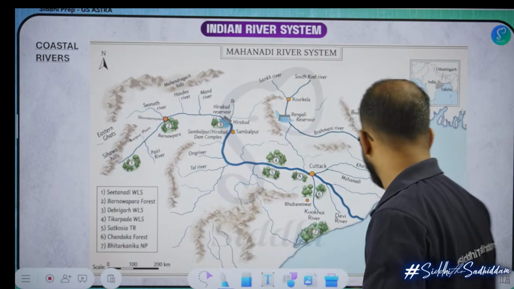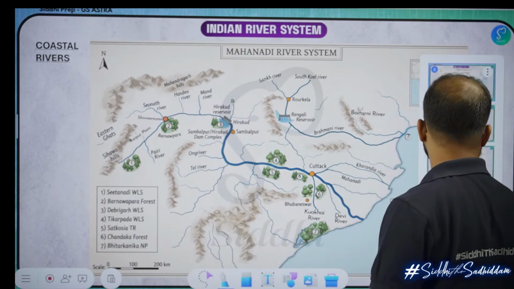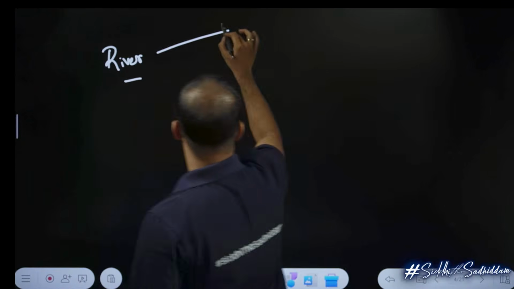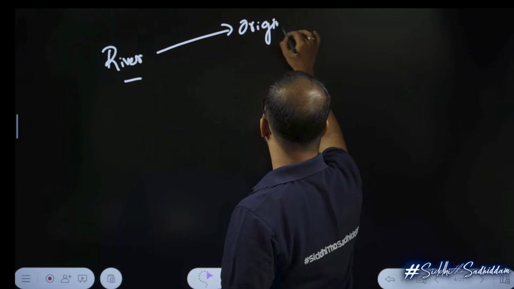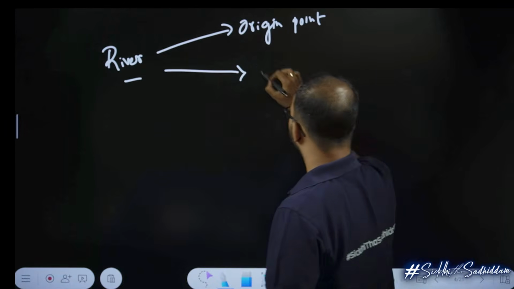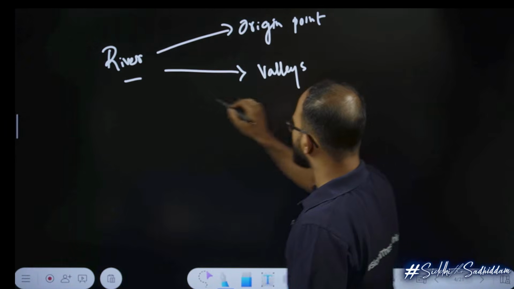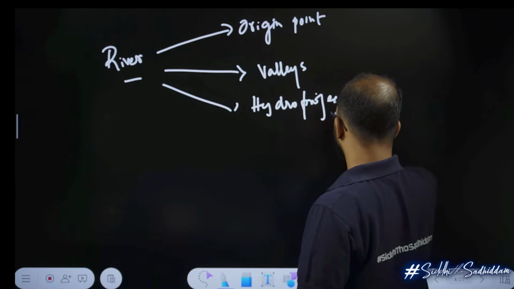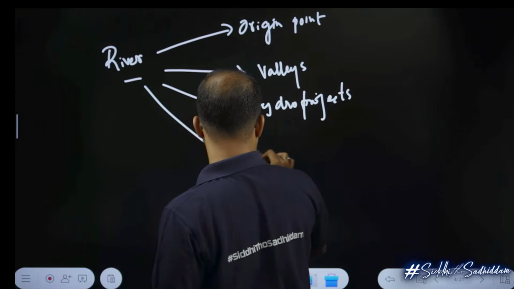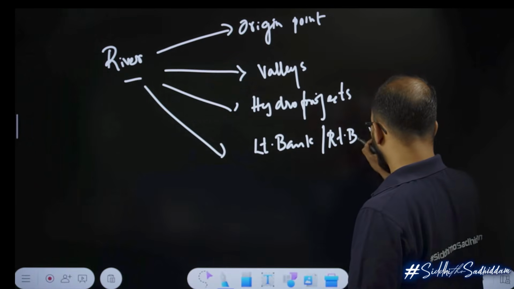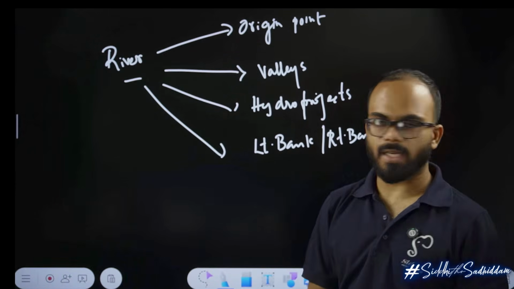In the topic of drainage and in the topic of rivers, for a particular river, they can ask you questions based on origin point, then they can also ask you questions on valleys, then hydro projects, then there can be questions on left bank or right bank tributaries.